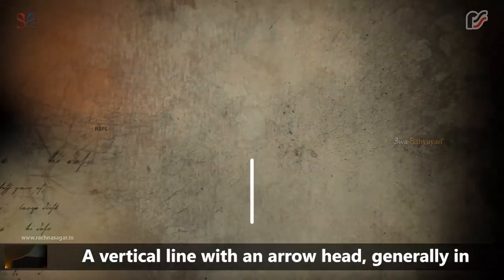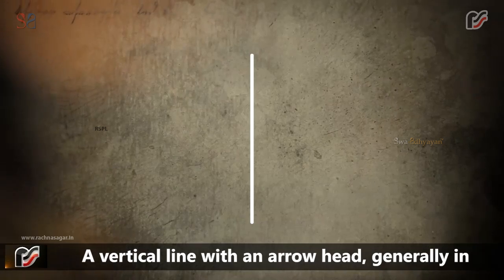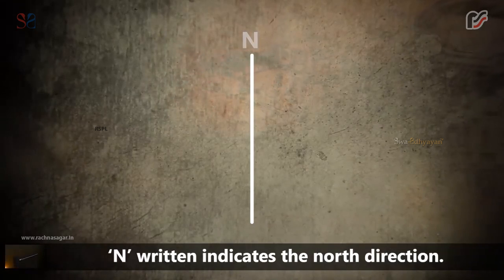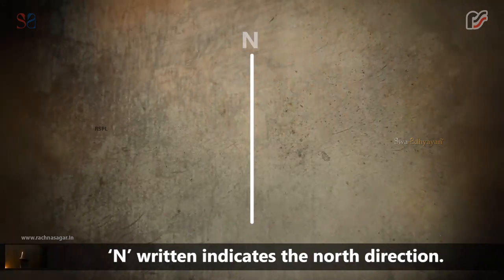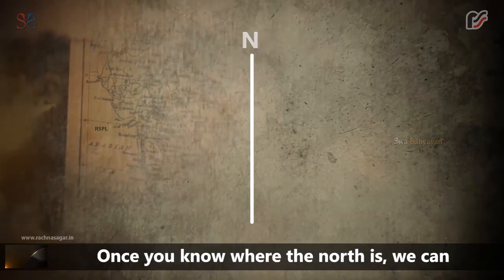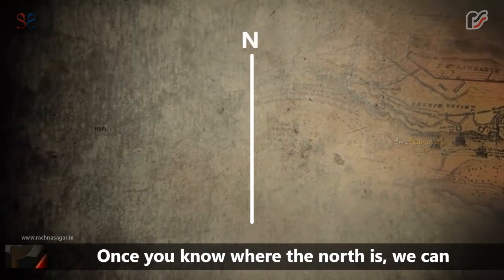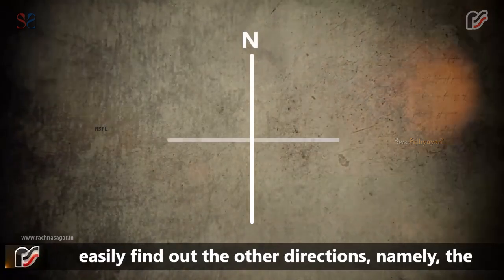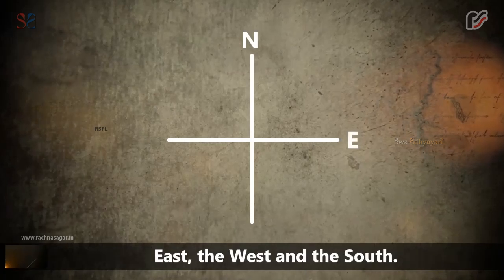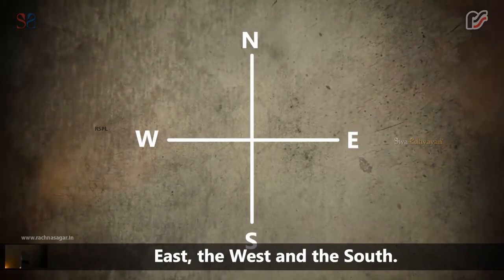Cardinal points of direction. A vertical line with an arrow head, generally in the northern part of the map, with the letter N written, indicates the north direction. Once you know where the north is, we can easily find out the other directions, namely the east, the west, and the south.